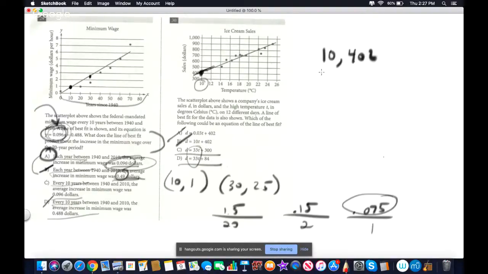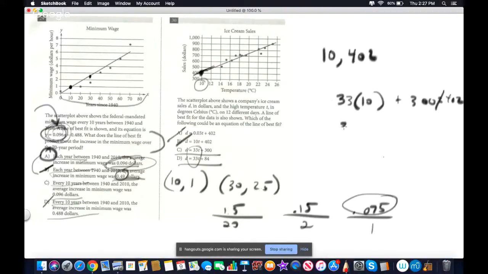So if x is 10, then answer choice C would say 33 times 10 plus 300 equals 402. Of course, that's not true. That's 630.